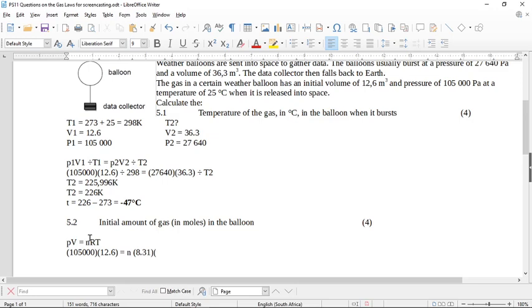And what am I missing from this formula? The temperature in Kelvin, 298. So this is what happens when you set up your equation. PV equals nRT. This is the pressure, this is the volume, this is before it leaves Earth, equals n times 8,31 times the temperature in Kelvin. So if you do this in your calculator, let me see if I can do this one correctly.